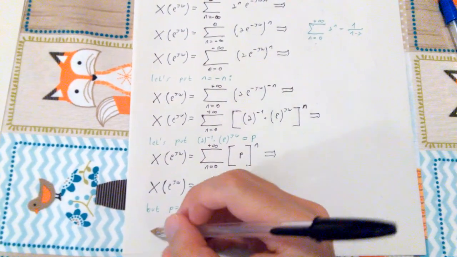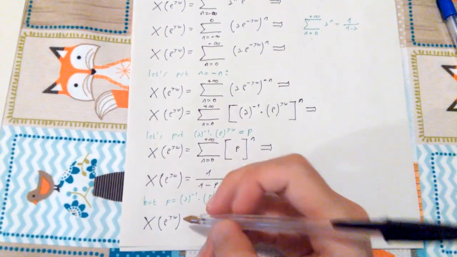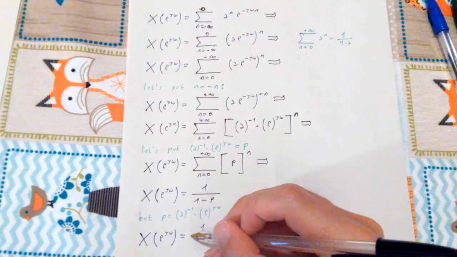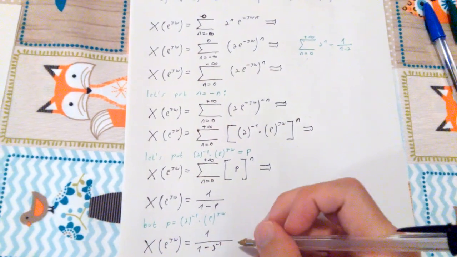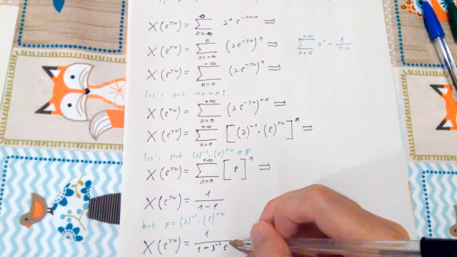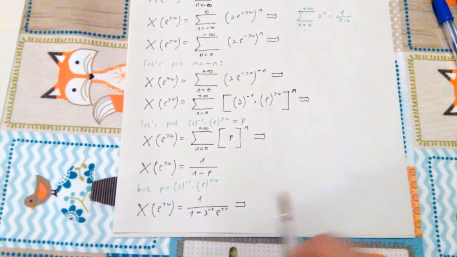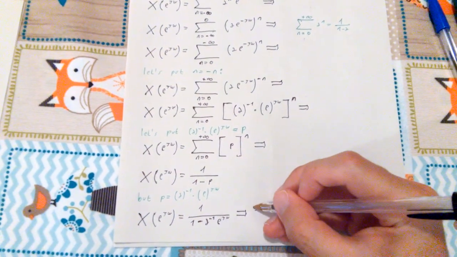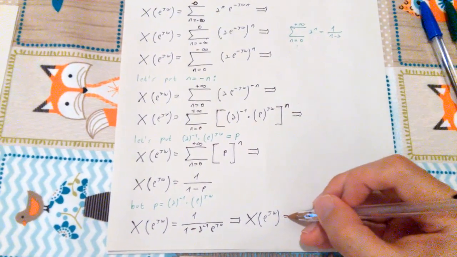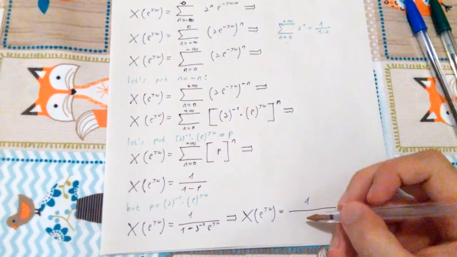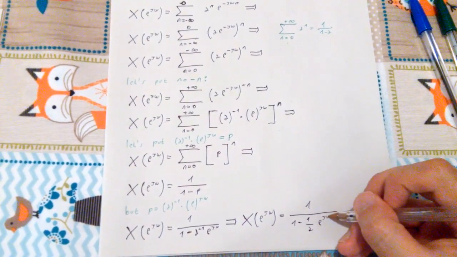So by substituting this, we basically get F of e to the j omega equal to 1 over 1 minus a to the negative 1 e to the positive j omega. And since I don't like negative exponents, we can rewrite this as F of e to the j omega equal to 1 over 1 minus 1 over a e to the j omega.